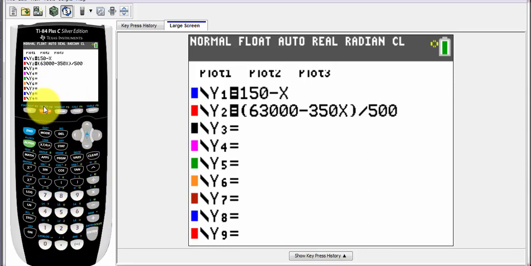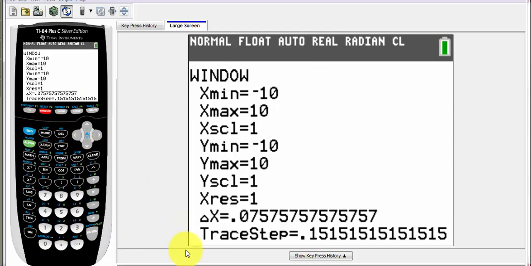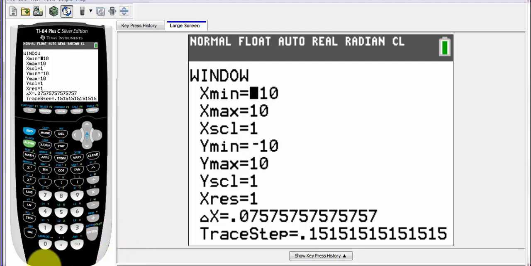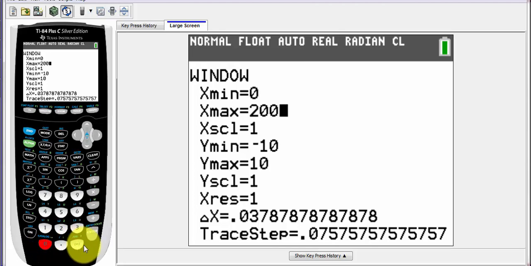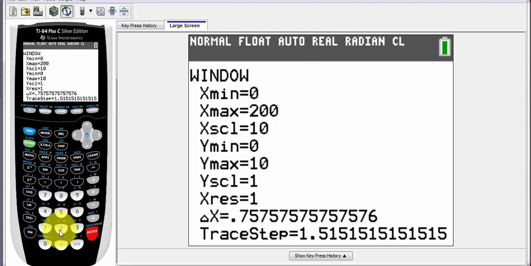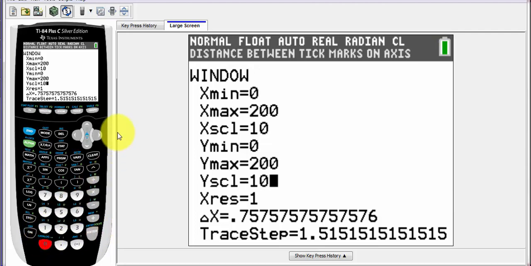Now go to your window. Come up with this same window that we had here. So I went 0 for my min, for my x and y min, and say 200. So I'm going 0, 200, and my x scale, my tick marks, were units of 10. 0, 200, tick marks of 10.